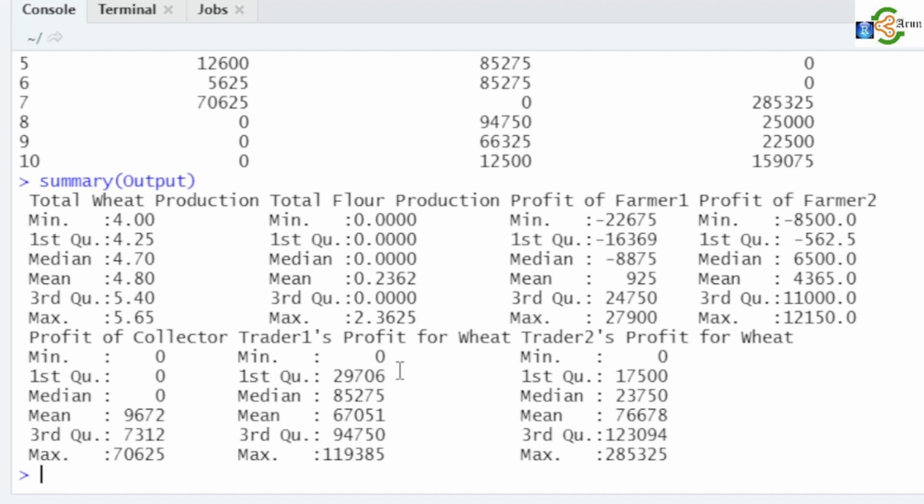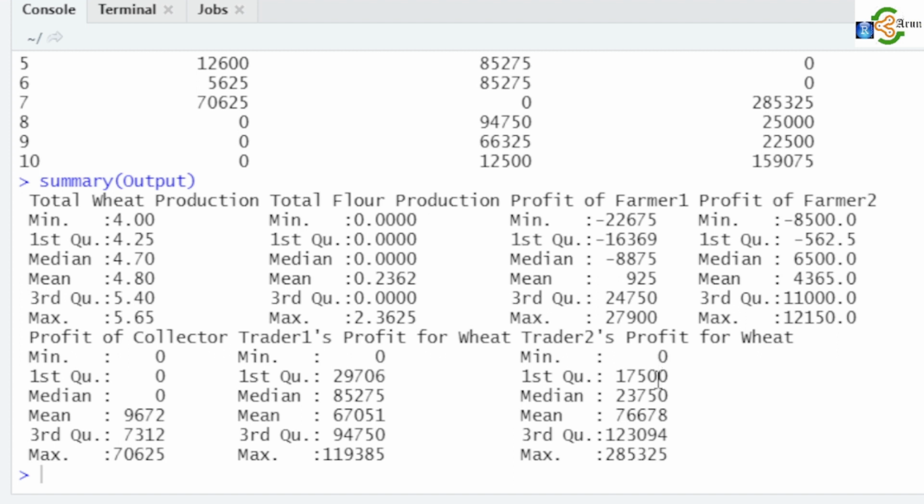In this case, you can see the mean profit for trader one is 67,051 rupees, and the maximum 119,000 rupees.